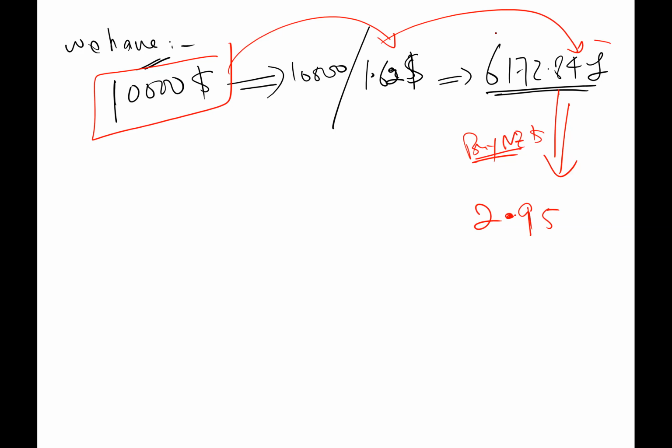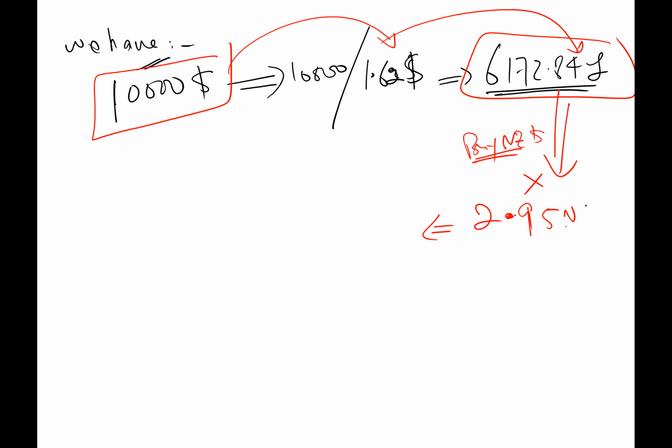You don't have pounds, you will be selling your pounds. 2.95, right? So convert your pound into New Zealand dollars at 2.95.